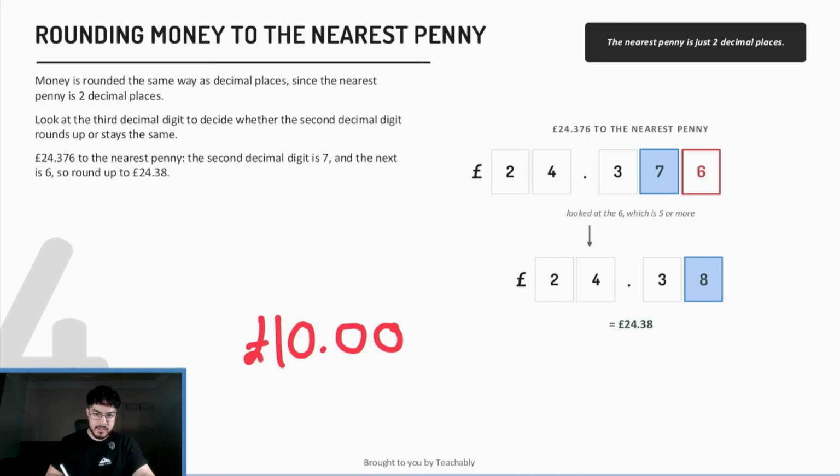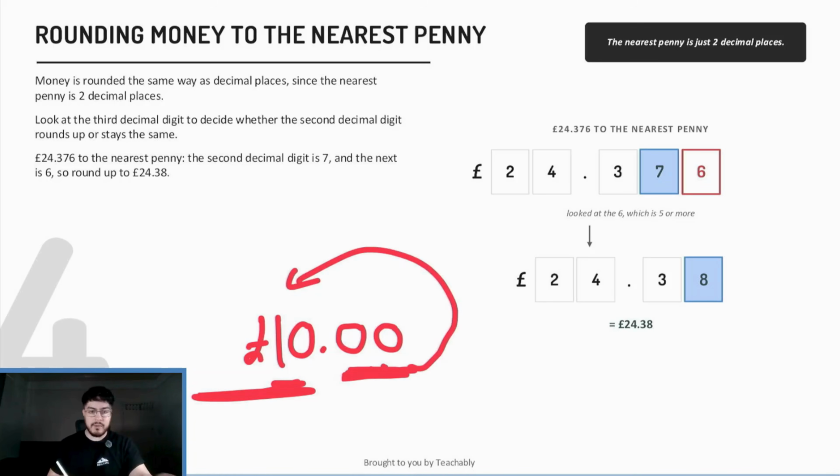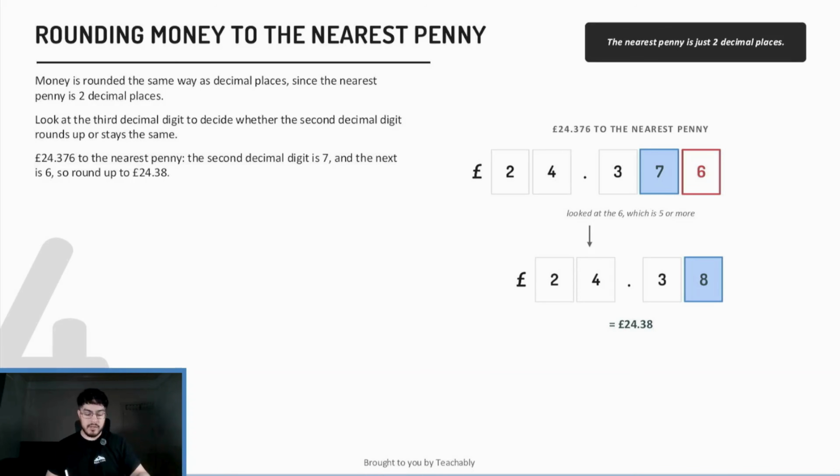You have your pounds, but then you always have your pennies, so your 50p, your 43p, your 63p. You're not going to have more than 100 pennies. If you have 101 pennies, that extra one goes into the pound area, because that becomes one extra pound. And so we're always going to have the 0.00 at the end of a money problem.